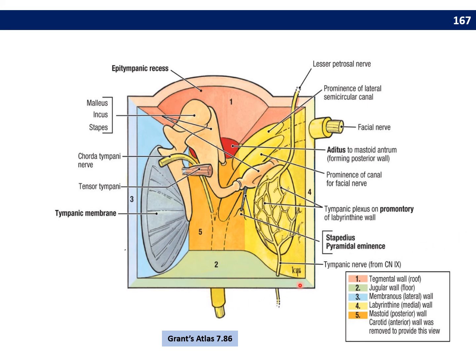The bottom wall is the jugular wall because the internal jugular vein is in that space. And then the carotid wall, again, has been removed so that we can look inside the middle ear.